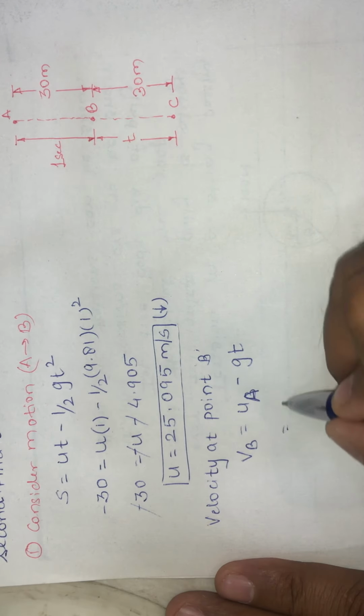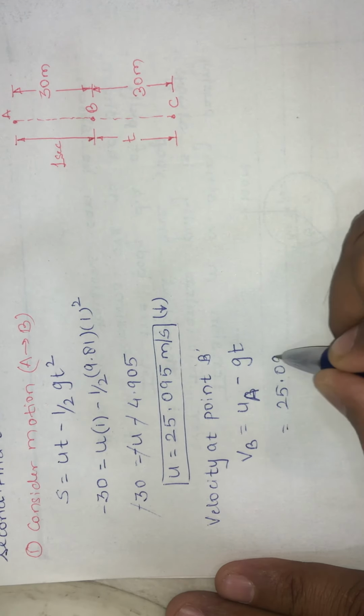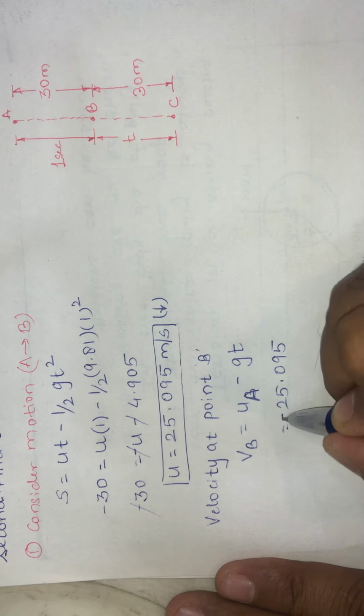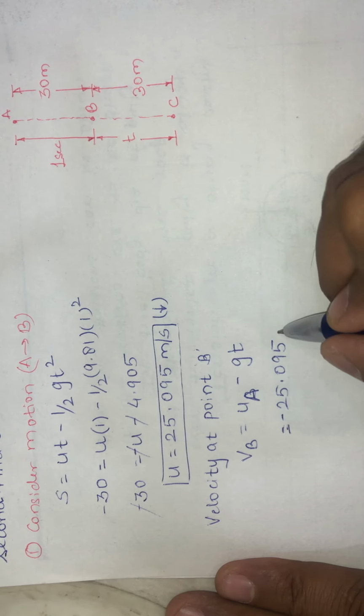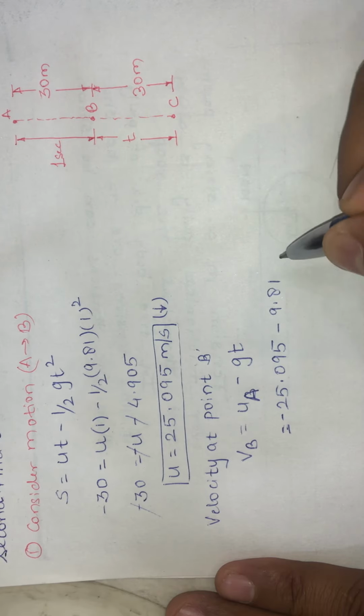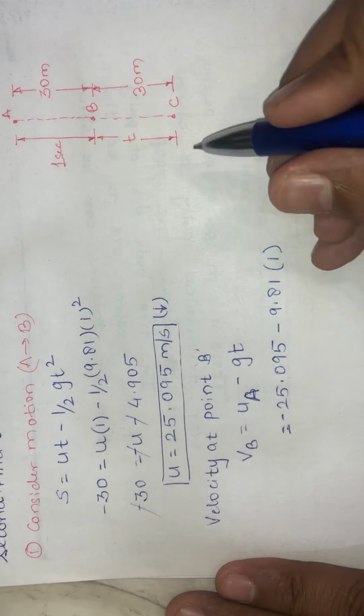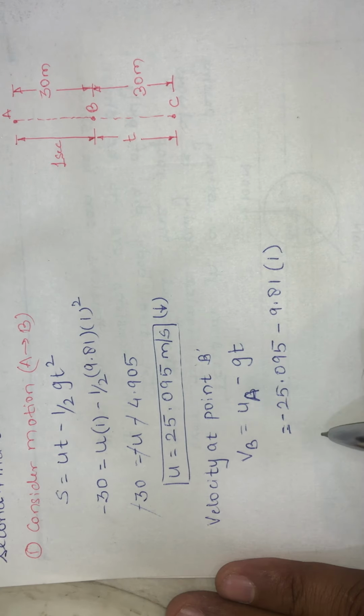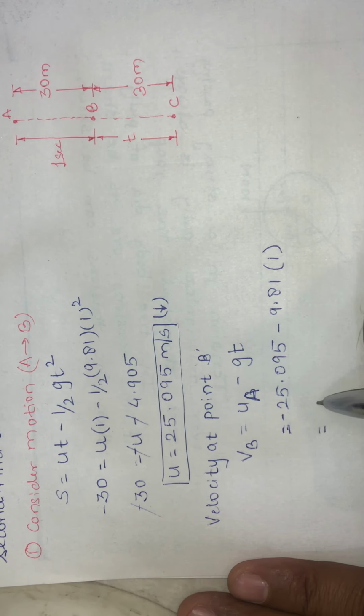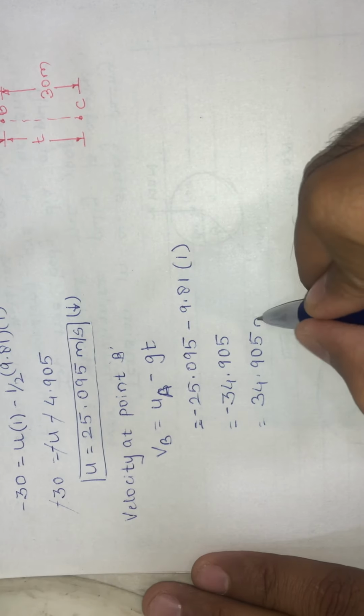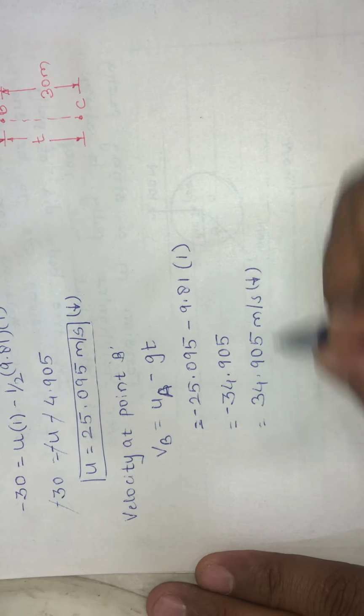In that, UA is your 25.095, which is negative because it is coming downward direction, minus 9.81, and the time taken to cover this distance is 1 second. With that we get the value 34.905, which has a minus sign. The minus sign implicates that the velocity is going in the downward direction.